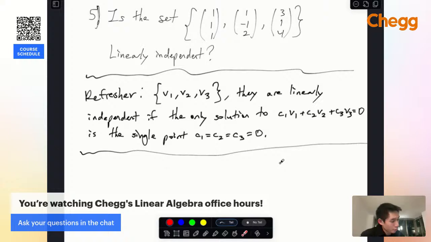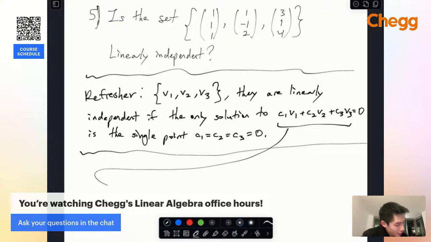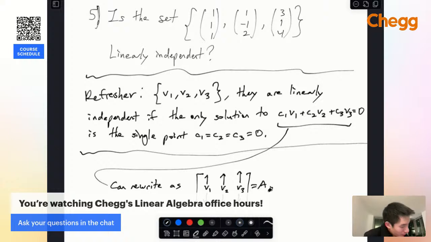And so I can write this equation in the form of a matrix, a matrix with the columns V1, V2, and V3, and then writing Ax equals 0.